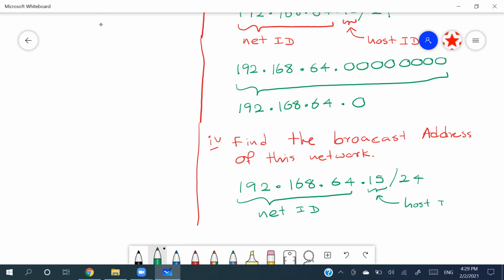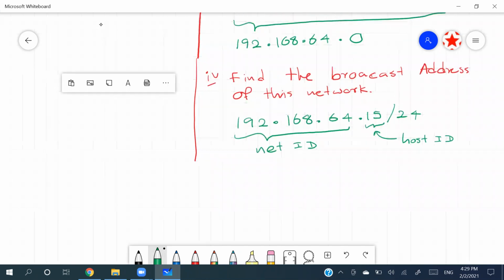So the concept says, keep the net ID as it is. 192 won't change, 168 won't change, 64 won't change. Why? What is the reason? Because the net ID covers all 3 octets, the first 3 octets.